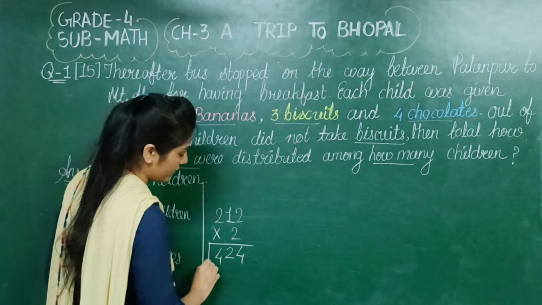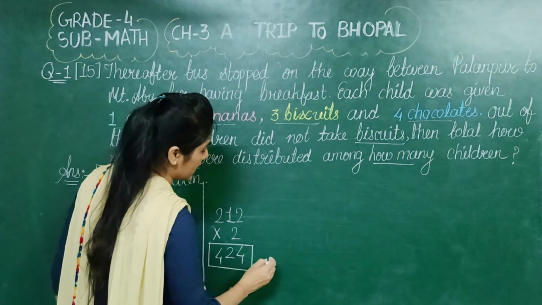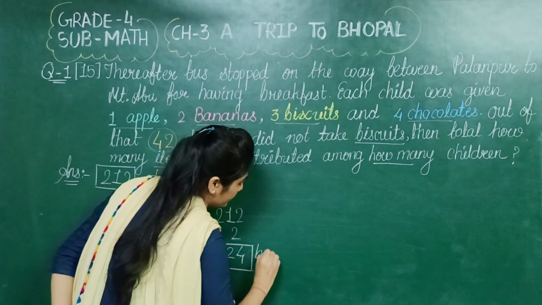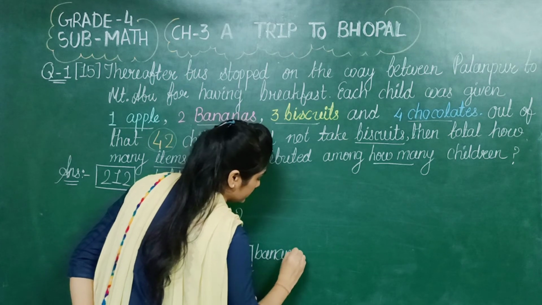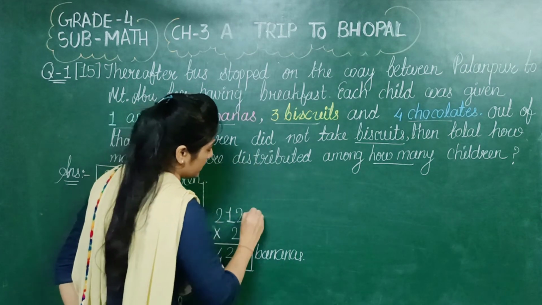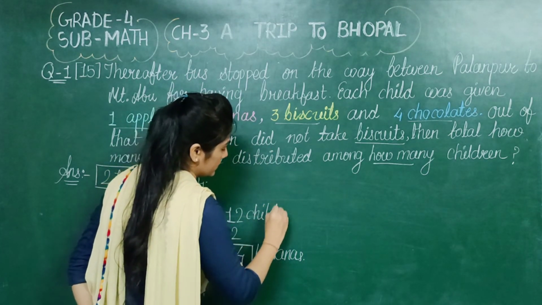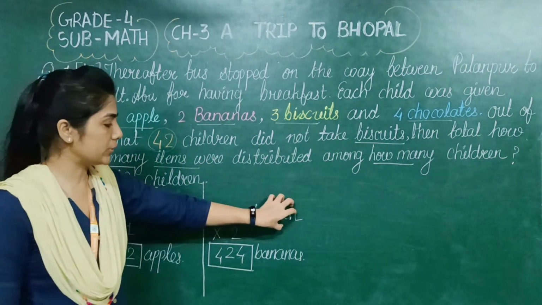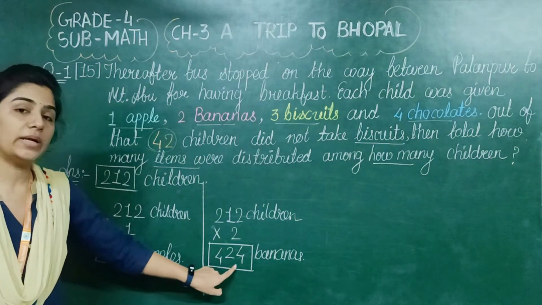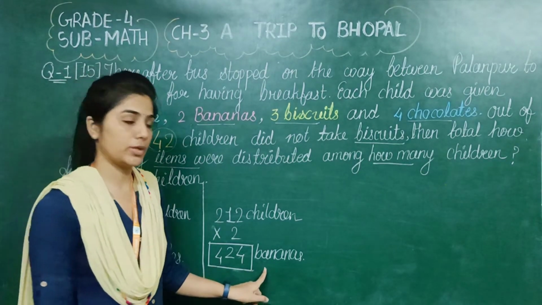So 424 bananas were distributed. This is the number of bananas. Among these 212 children, 424 bananas were distributed.